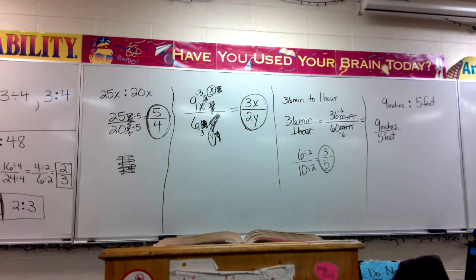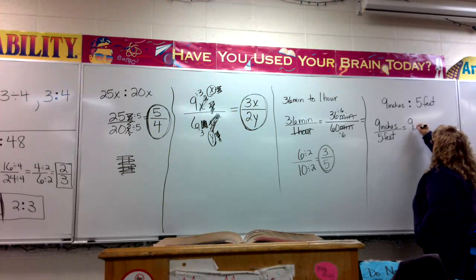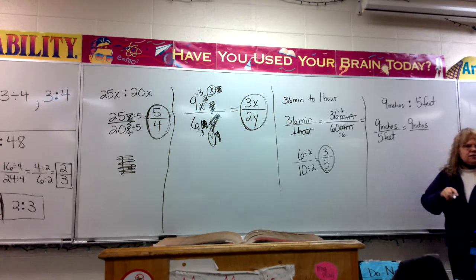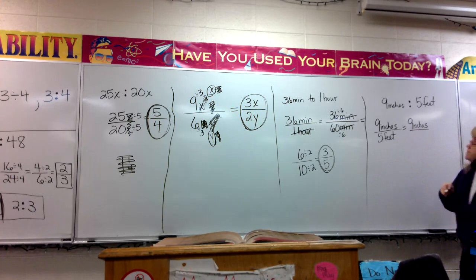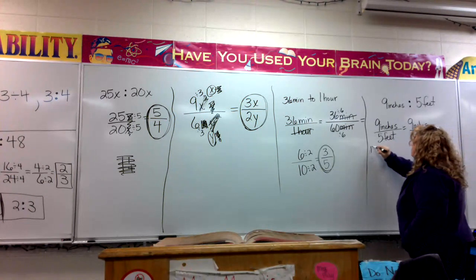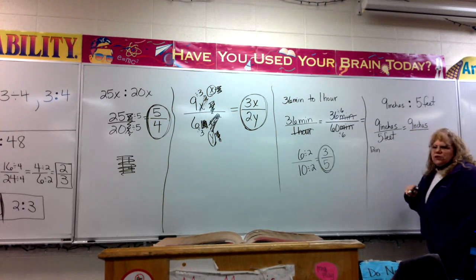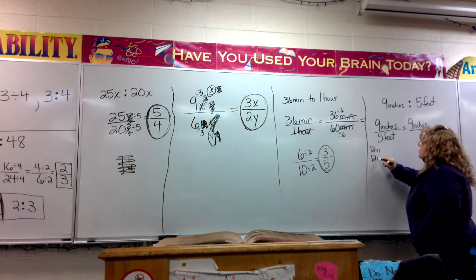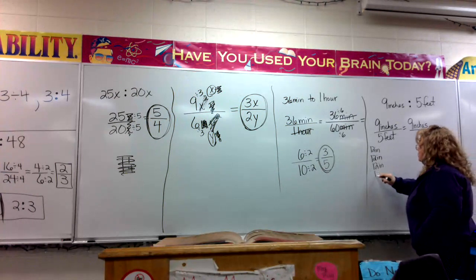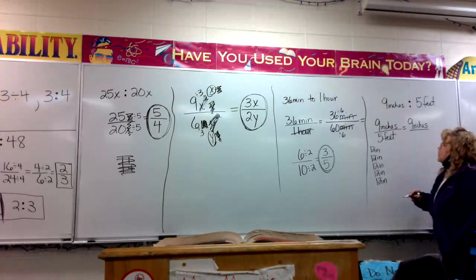Do you know how many inches in a foot? 12 inches in a foot. Oh boy. See that? 5 feet? Every one of those feet is 12 inches in the first foot, 12 inches in the second, 12 inches in the third foot, 12 inches in the fourth foot, 12 inches in the fifth foot.